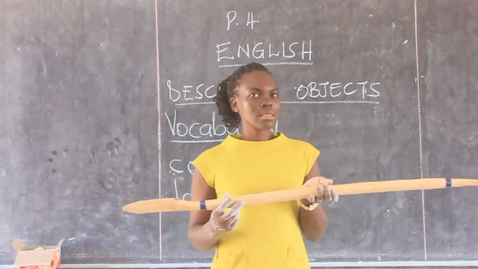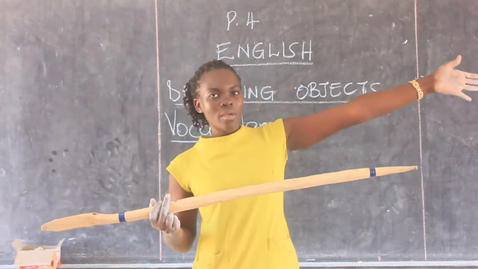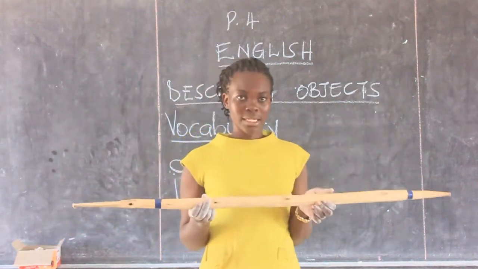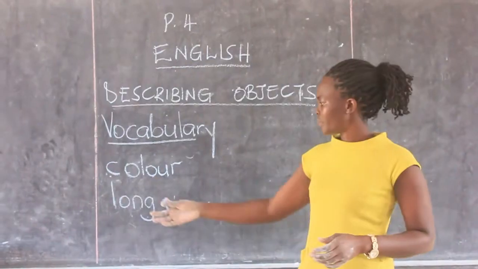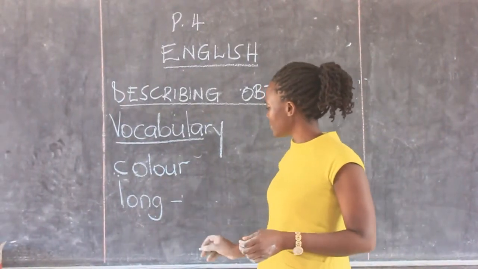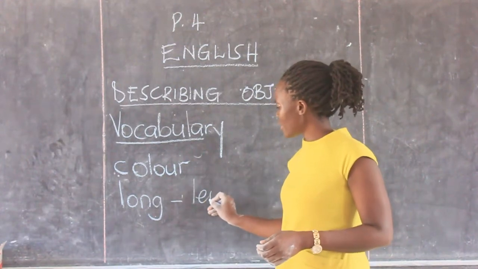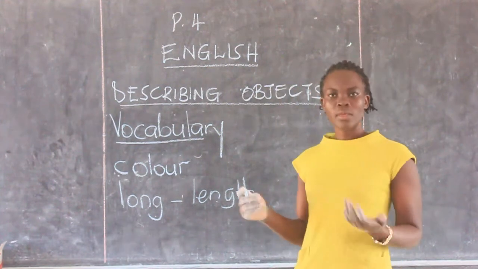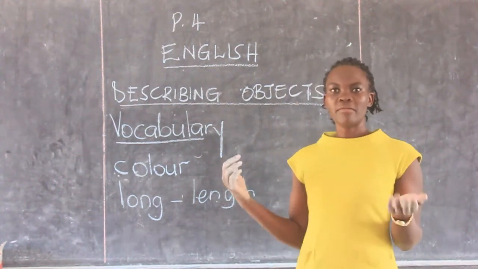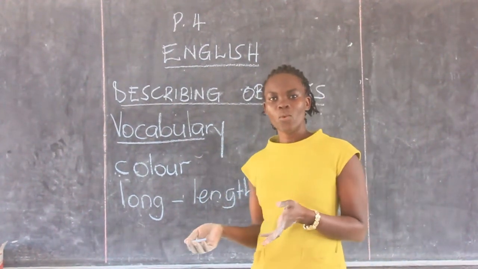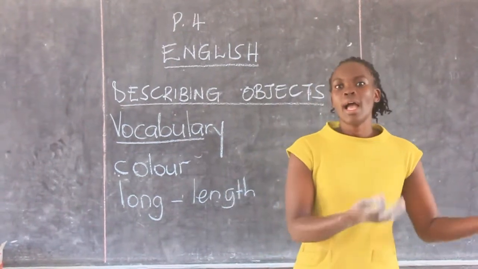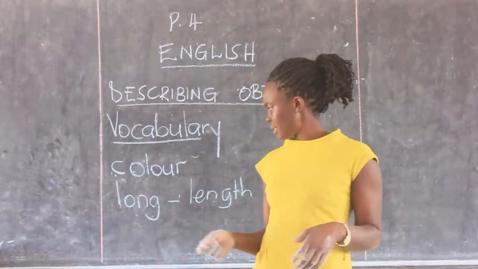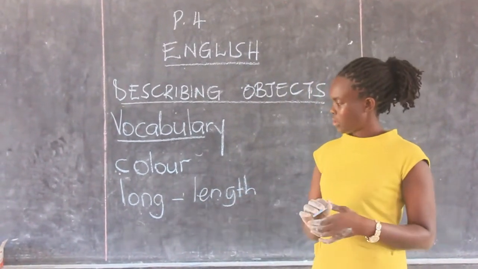So when the length is going beyond, that is long. So from long we can get length. If you have a ruler and you have like three, you can compare them. One may be long, another one longer, another one the longest. So that's all about long.